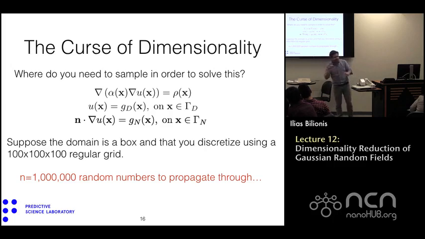And to sample the function at 1 million points with the Gaussian process, it's not actually possible.